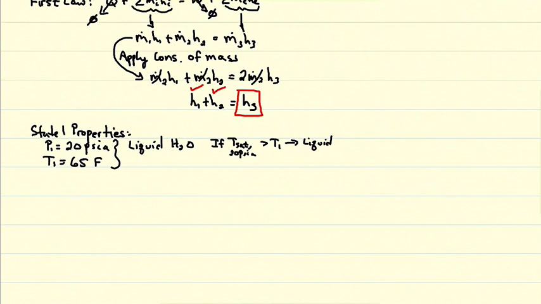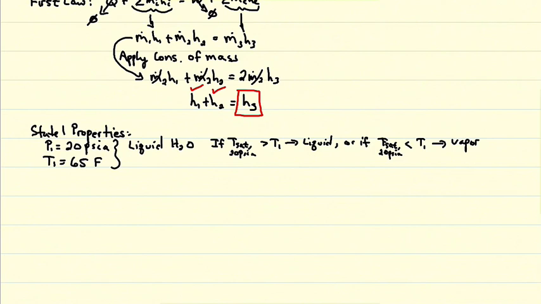Or if Tsat at 20 psia is less than T1, then your substance is a vapor, right? In other words, your substance is above the boiling temperature, okay?